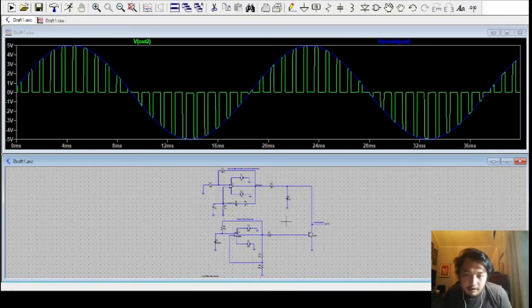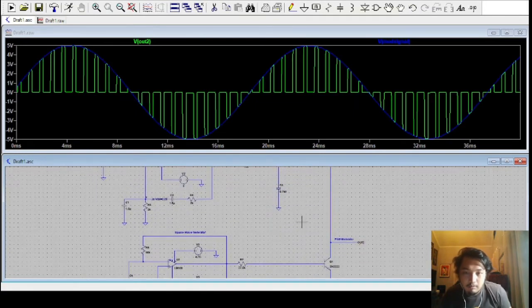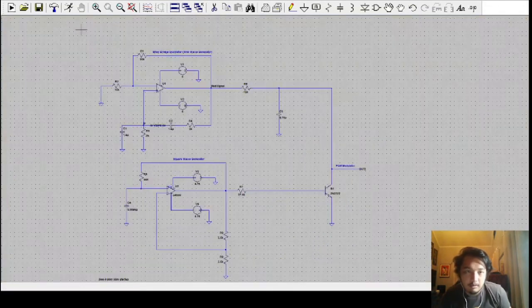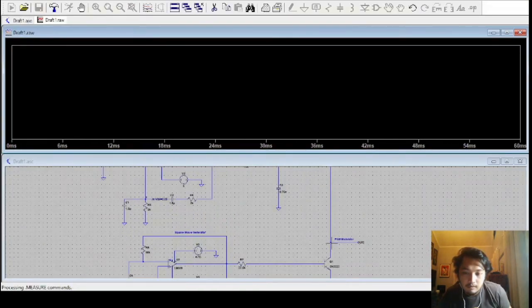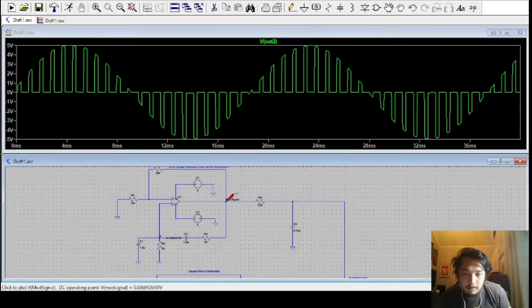So as we can see here, this produces the output for the PAM modulator. Again, I'll separate it. The output for the PAM modulator. Then we will include the modulating signal.